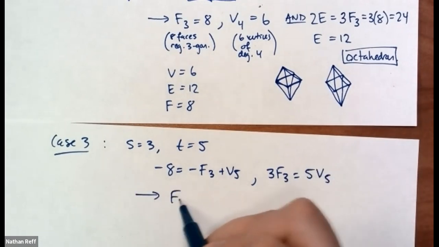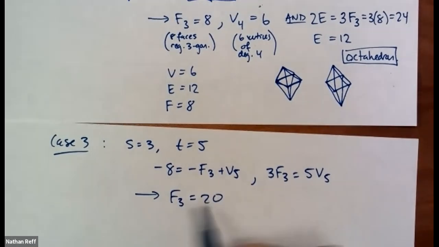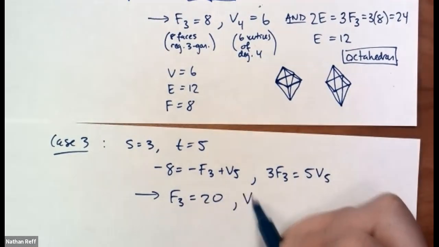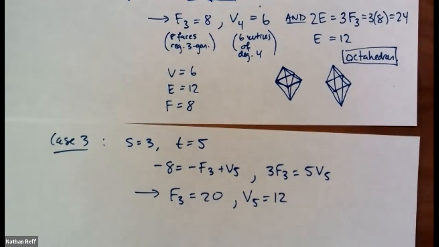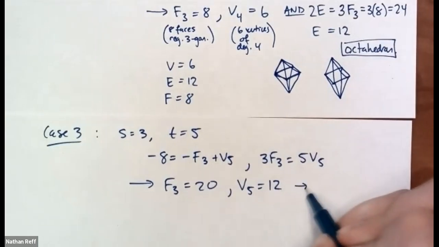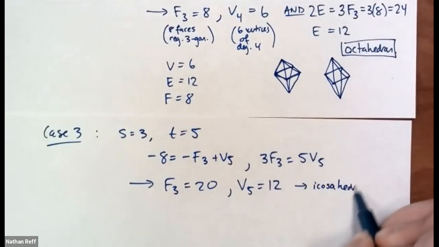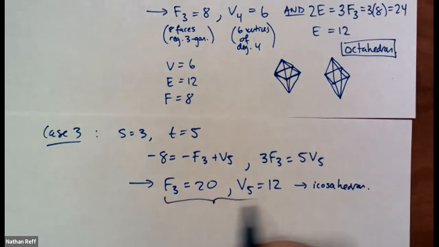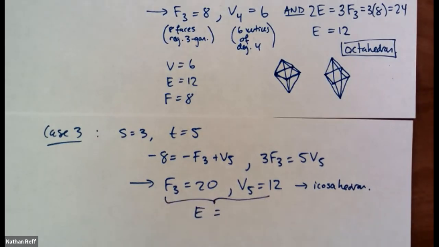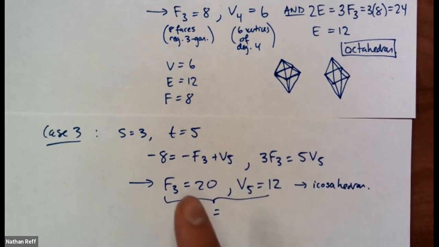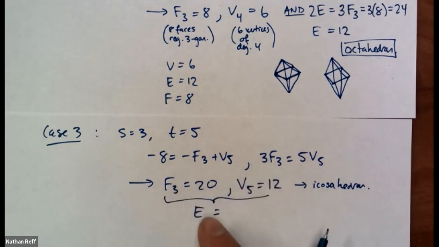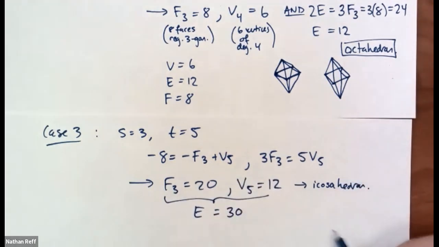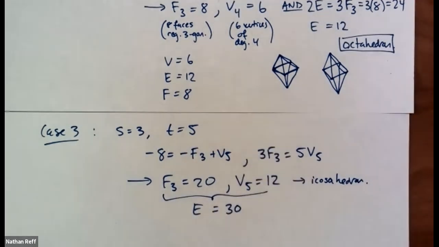You'll be able to get that there are 20 faces of these equilateral triangles, and there are 12 vertices of degree 5. This will give you the icosahedron. And from this, you should be able to get the number of edges, which is 30, right? 20 minus 30 plus 12 would be 2, right? Yeah, so 30. Or you could do the 2E being this thing.